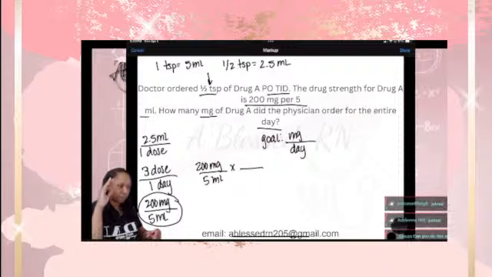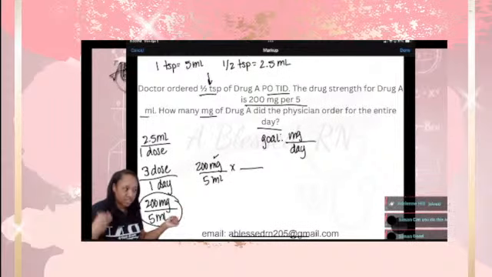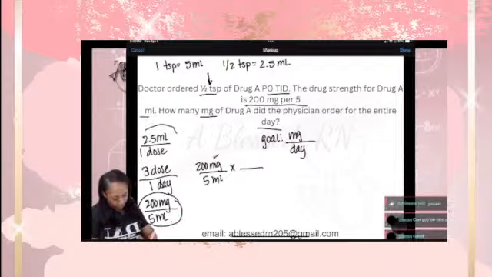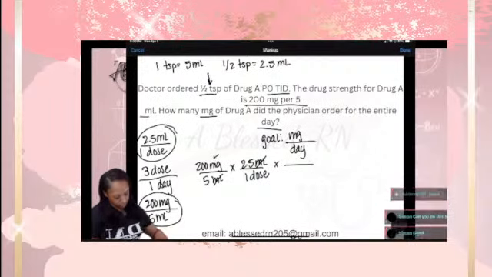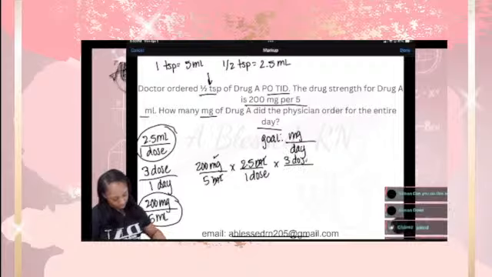So we've got our goal that has milligrams at the top, which we have. We're looking to get day at the bottom. So we know that everything else has to go. So we got milliliters at the bottom. I'm going to need milliliters at the top. So 2.5 milliliters per 1 dose. And milliliters crossed out. Now we've got dose on the bottom. I need day. So I'll do my 3 doses are in 1 day.